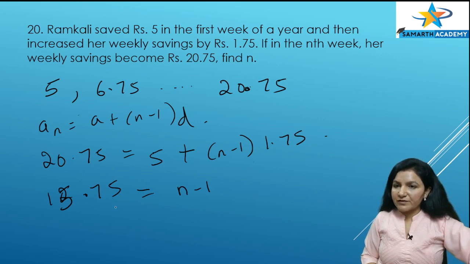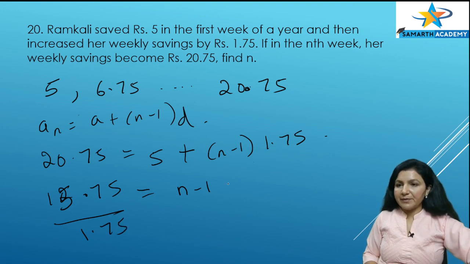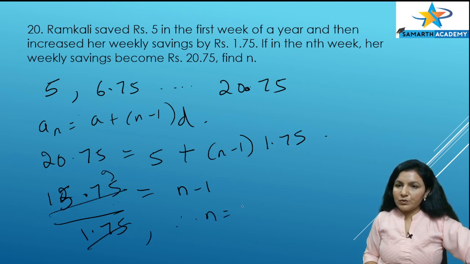If I send 1.75 that side, multiplication becomes division. When I divide 15.75 by 1.75, I'll get 9. Therefore, n minus 1 is equal to 9. Send 1 that side, plus 1, which is 10.